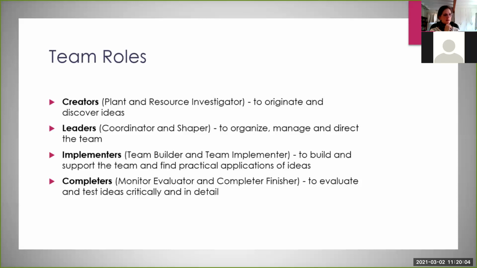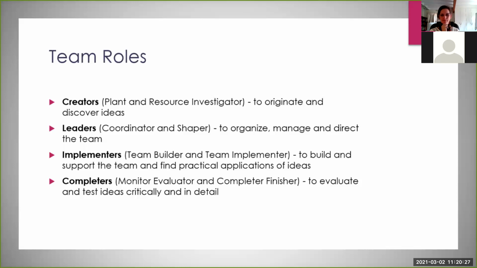Great. And then the completers who evaluate or test critically or look at the details. Yeah, mostly that would be the leaders. Okay. Again, assuming the role of being completers. Great. Because then they have to oversee, because they've been delegated to do this task.